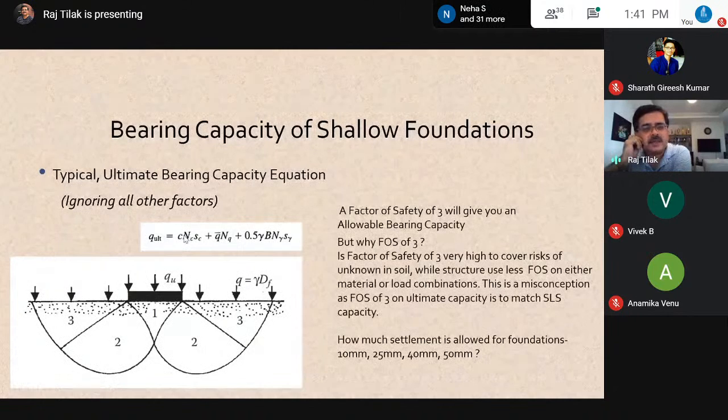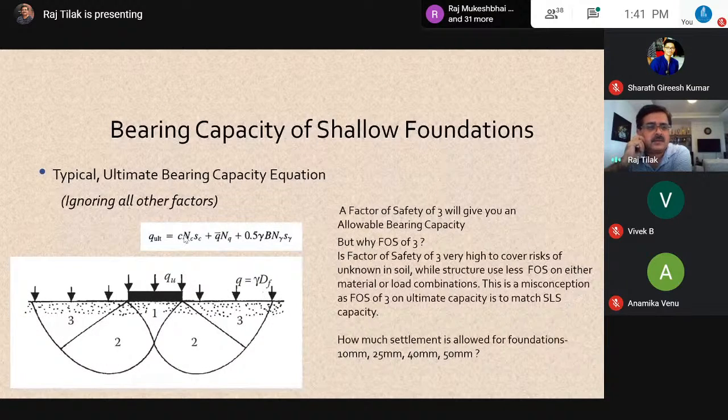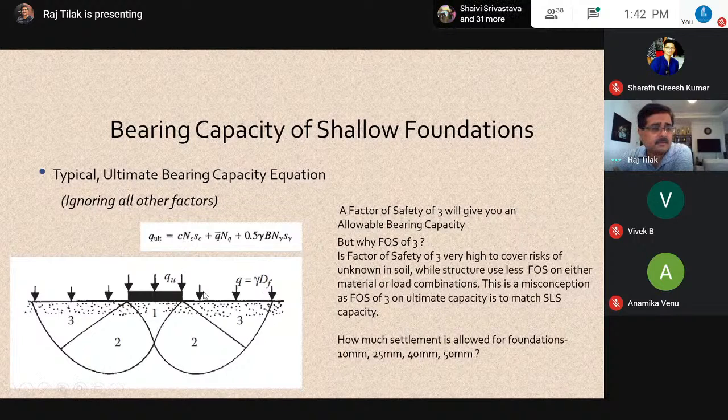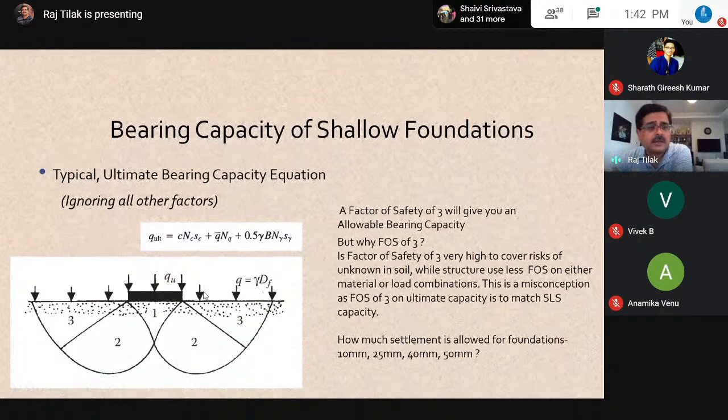So you will have to use a combination of these two and decide what is the allowable bearing capacity. So a factor of safety 3 is to bring you very close to the 25 mm of settlement figure, because that is what is typically followed. But if you have an allowable settlement of 50 mm, you can have much more allowable bearing capacity. So that is what the intent is. But really, is this the case that you actually have all the time? No.